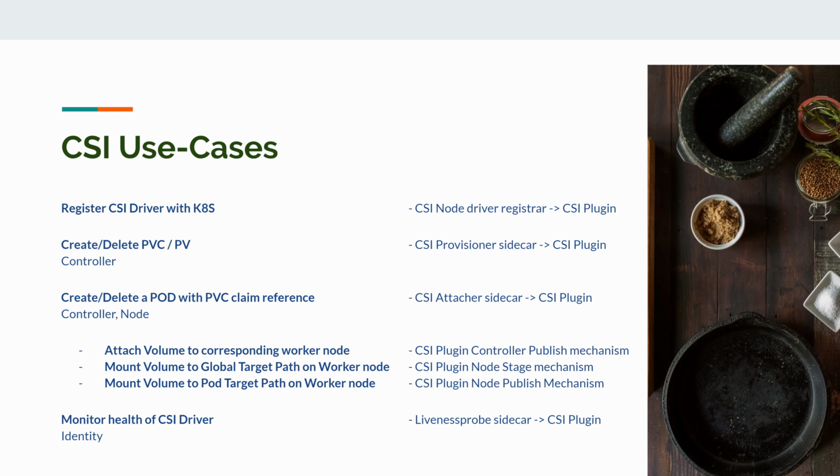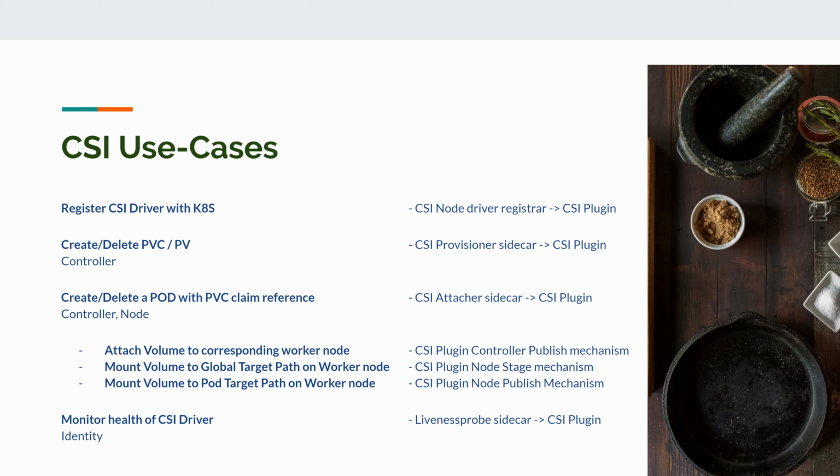In one such example where the storage is offered by a SAN storage, the SAN storage is connected to the SAN switch, and the SAN switch is connected to the worker node. In that case, the CSI implementation has to go out to the storage provider and create the volume whenever a persistent volume claim is created. And we're going to see how that is done.